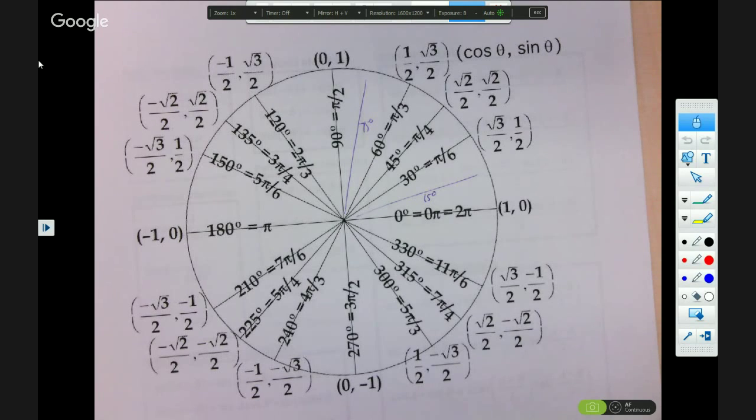What if I asked you what the sine of negative 135 is? If you have a negative angle measure, we're going backwards. So basically 360 minus 135 is 225. Clockwise is negative. Counterclockwise is positive. Keep that in mind.